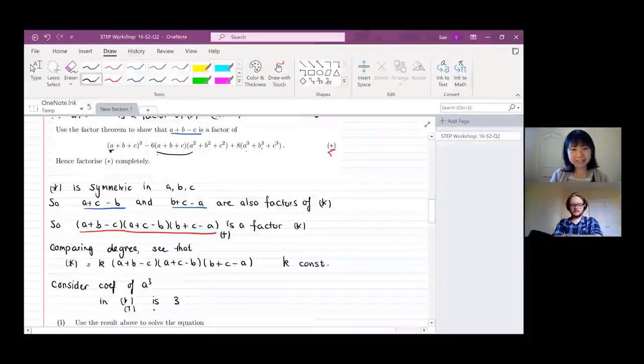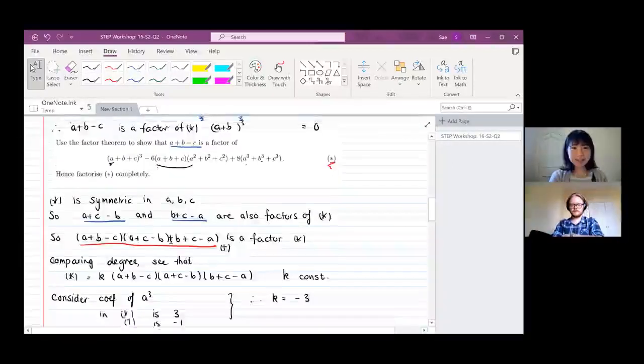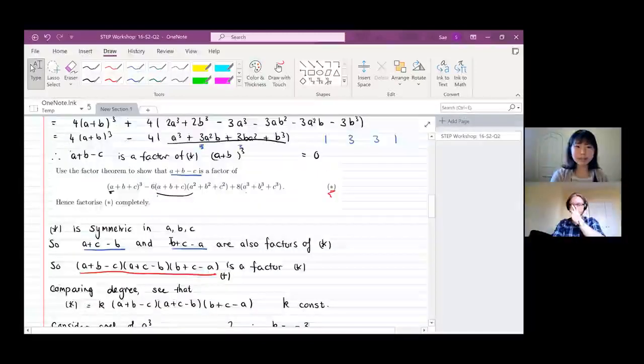In dagger it is minus 1, and therefore k, what is k? Great. k is minus 3, because that's what we need to multiply by to get the coefficient of a cubed to match on both sides. So yeah, that is the first part of the question.